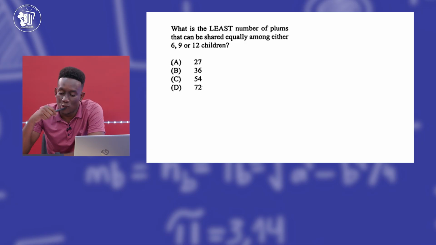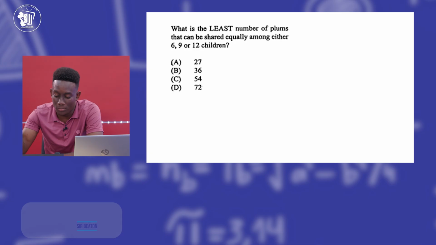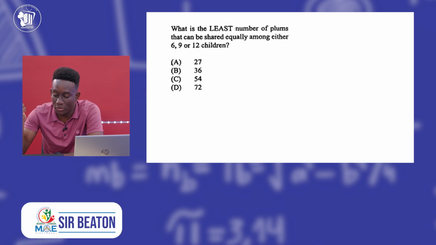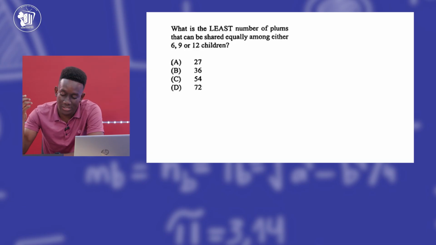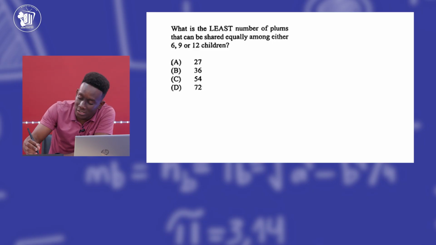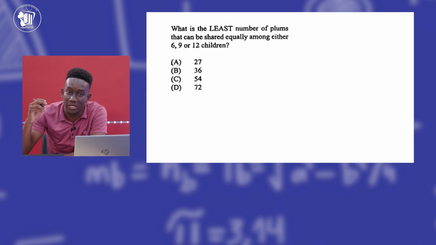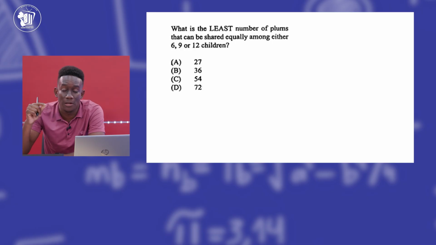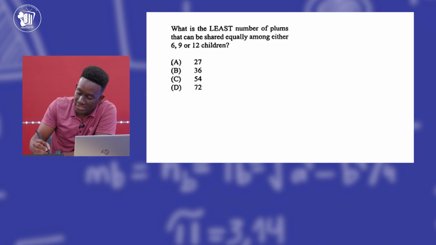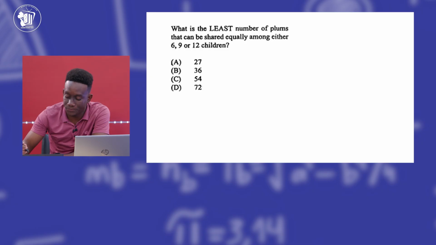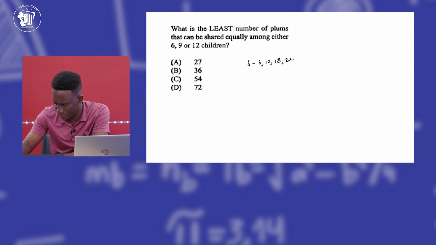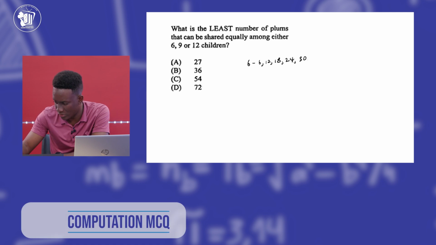And the next one says, what is the least number of plums that can be shared equally among either 6, 9, or 12 children? They highlighted the word least. When we talk about least, we're thinking about the lowest common multiple of 6, 9, and 12. So let's list the multiples of 6: 6, 12, 18, 24, 30, 36.